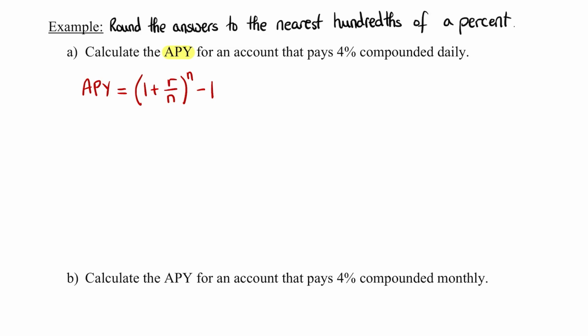My R is 4%, which is 0.04. And this compounded daily makes my N 365. So I'm going to replace R with 0.04 and N with 365.